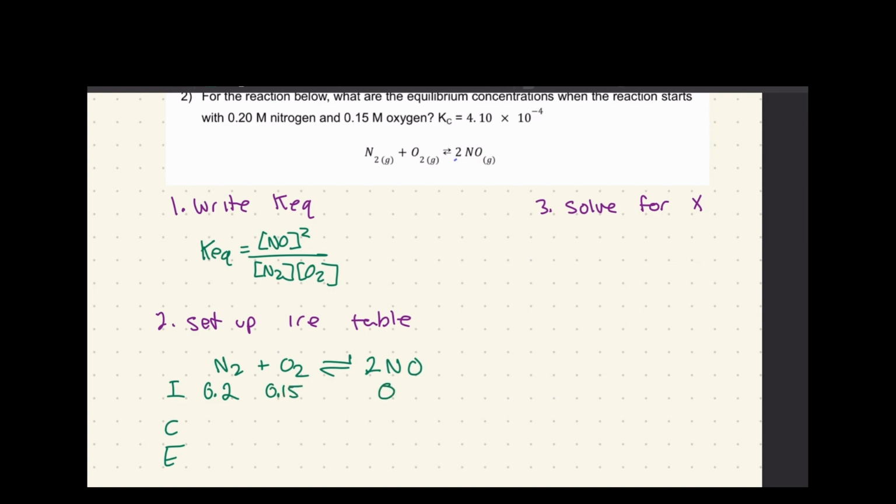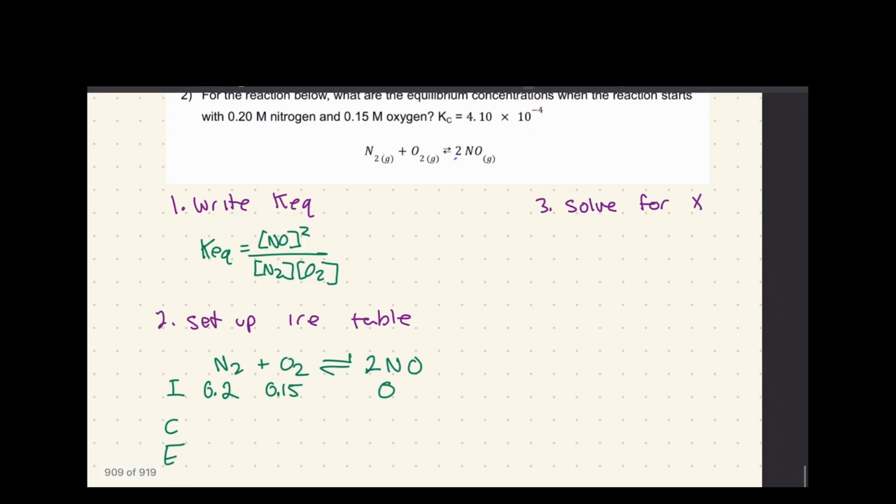At the start, I don't have any NO. I see that these are going to go down, and this is going to go up. I see that for every 1 N2 and 1 O2, I make 2 NO, so this is going to increase in concentration twice as fast. That means at equilibrium, I'm going to have 0.2 minus X, 0.15 minus X, and 2X.